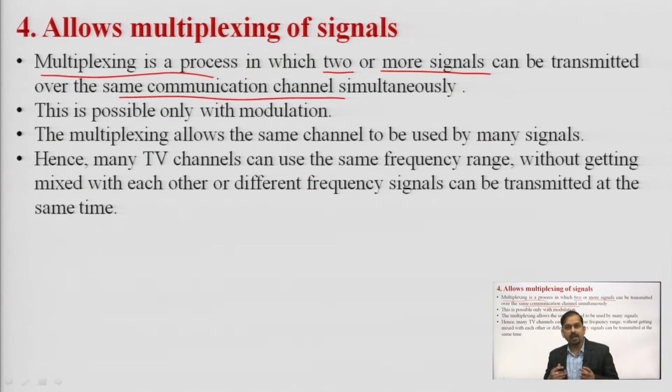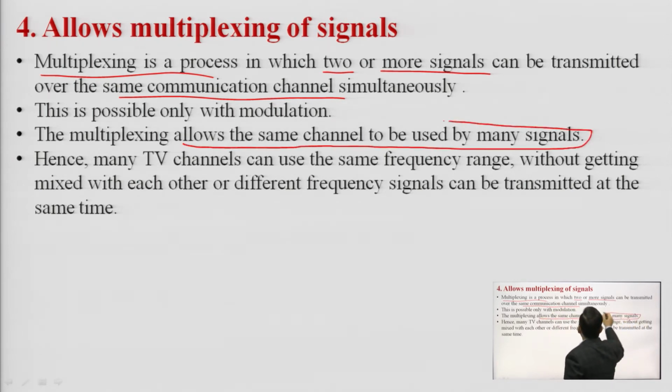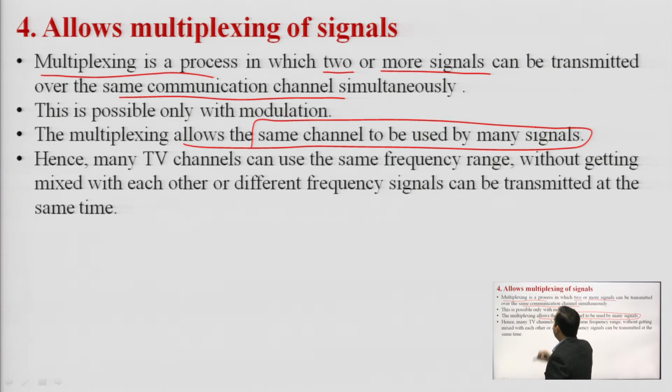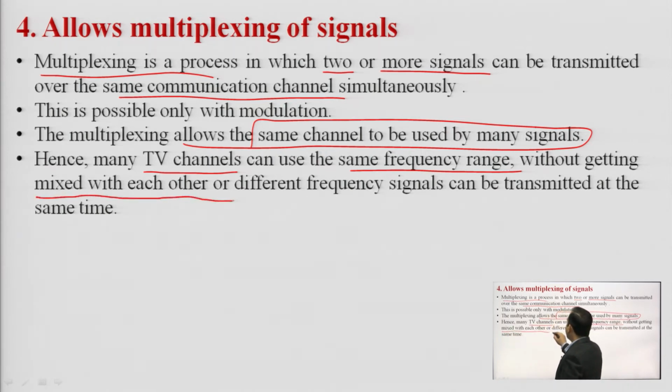This multiplexing is possible only with the help of modulation. Multiplexing allows the same channel to be used for many signals. Hence, for example, TV channels can be used in the same frequency range without getting mixed with each other, or different frequency signals can be transmitted at the same time.